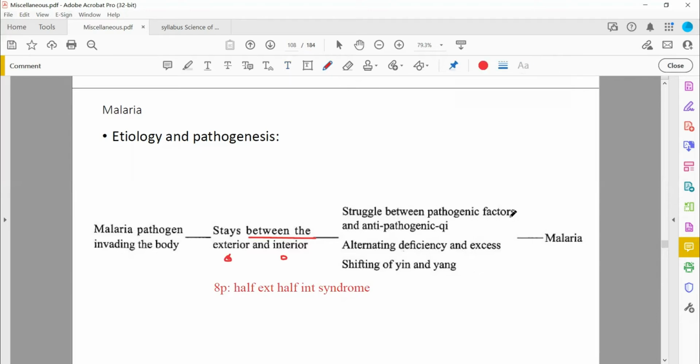Struggle between pathogenic factors and anti-pathogenic qi, alternating deficiency and excess, shifting of yin and yang, then leading to malaria.